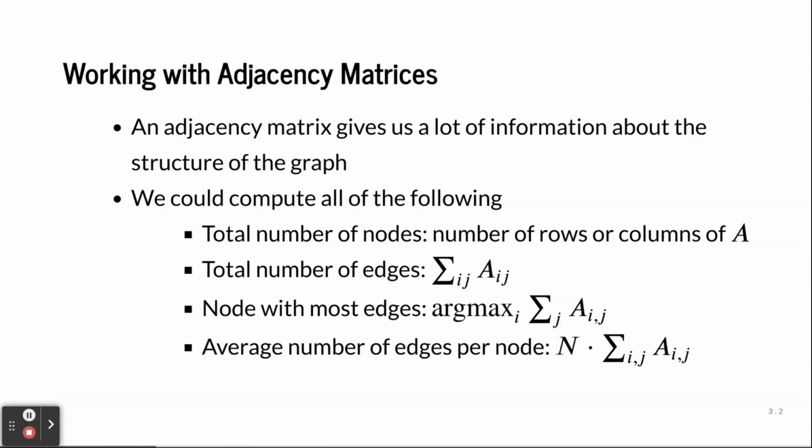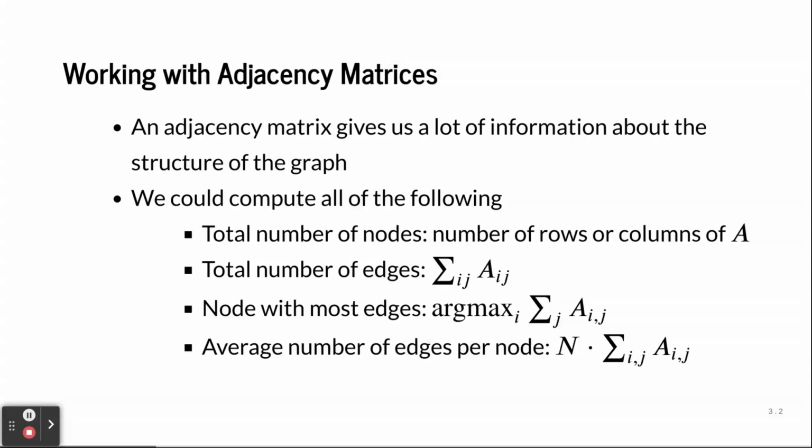Now, if you're handed an adjacency matrix, what would you then do with it? You could actually extract a lot of information about the structure of that network using the adjacency matrix.